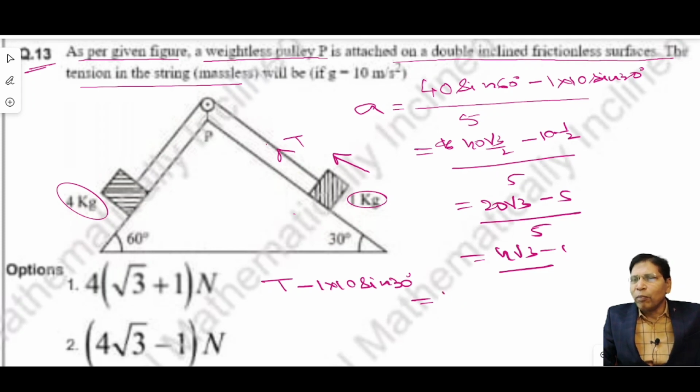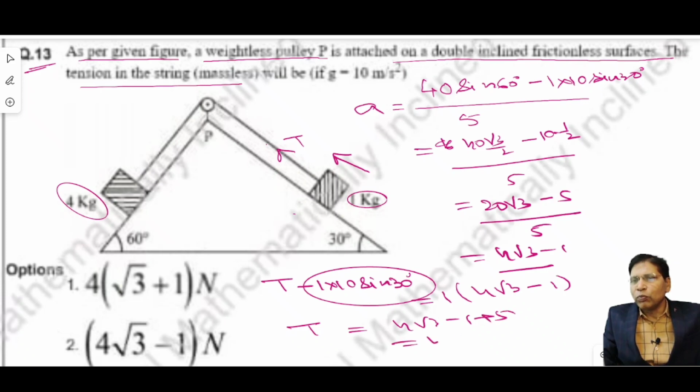Mass is 1 and acceleration is 4 root 3 minus 1. Now the value of this is 5 Newton. Therefore, T equals 4 root 3 minus 1 plus 5. So 4 into root 3 plus 1 is the tension. Option A is correct.